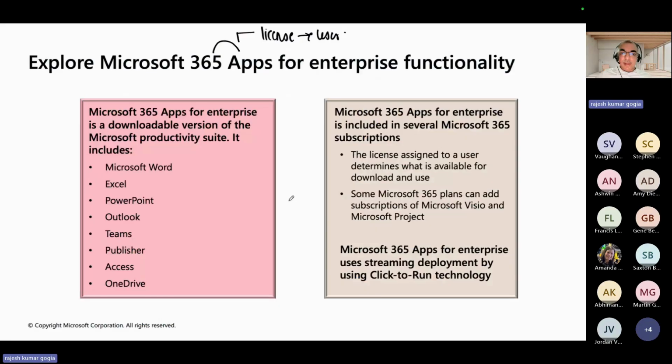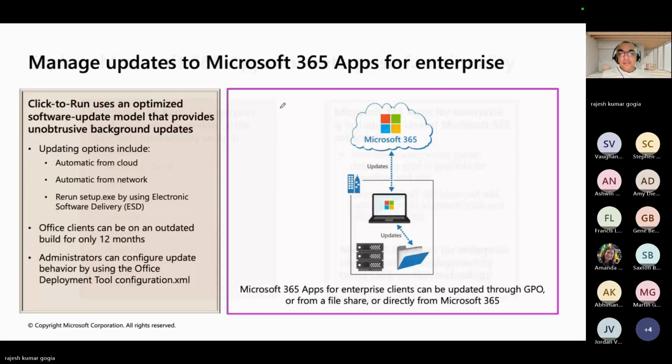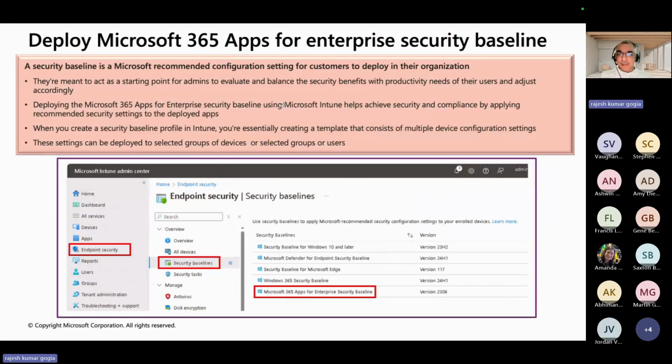So this gives the restriction on which apps, and that totally depends on what license has been given to the end user. And when you start moving up to Microsoft 365, they are working with the applications, and you can manage the updates and deployment as well.